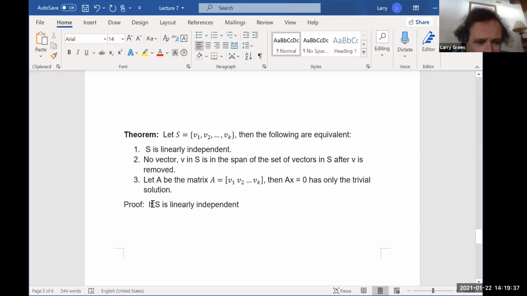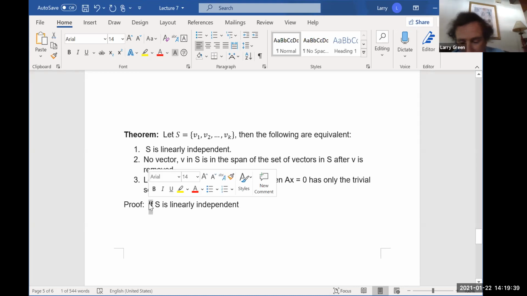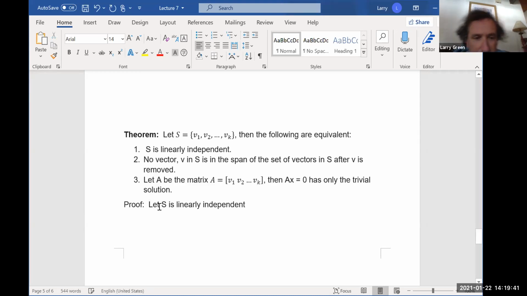So let S be linearly independent. And what we want to do is show that no vector V in S is in the span of the rest of them.